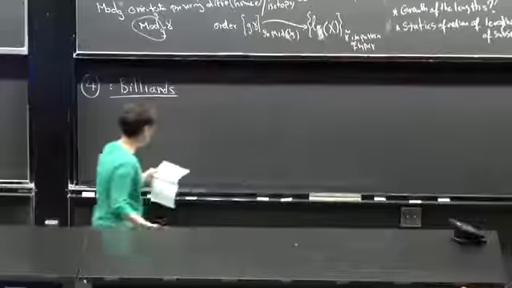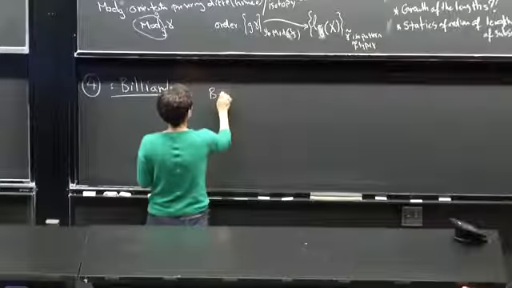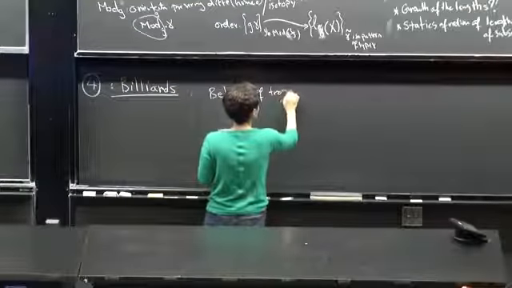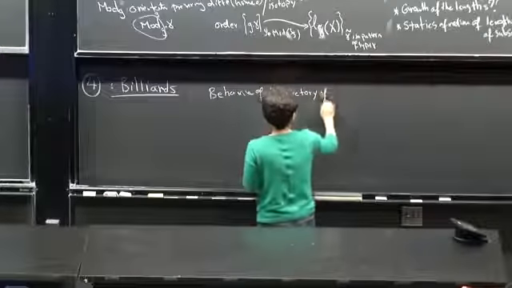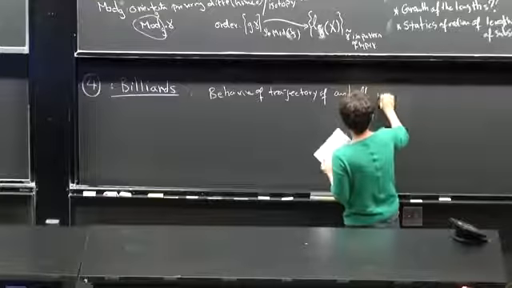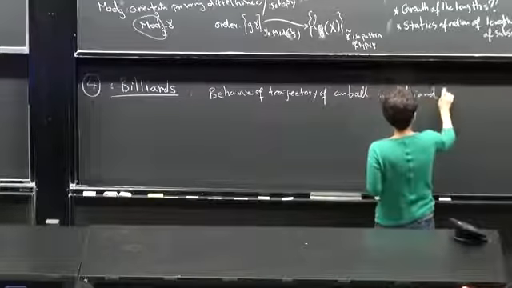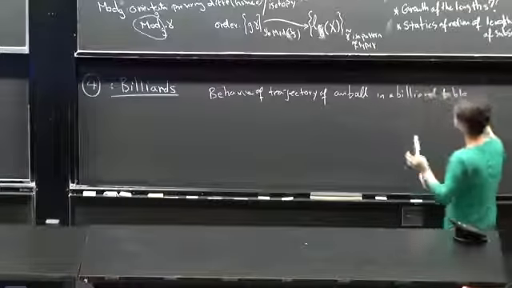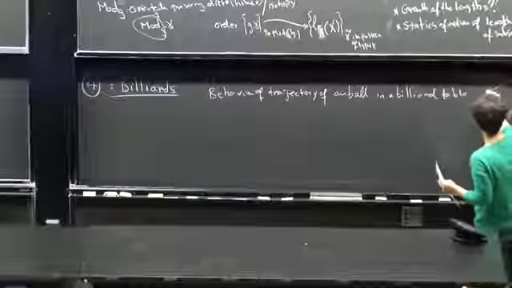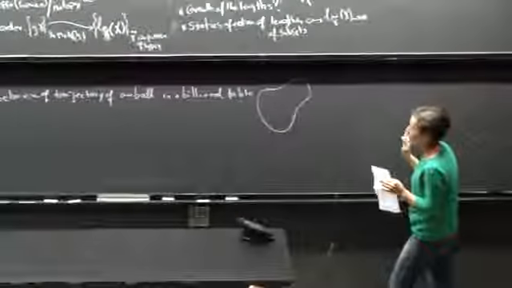The general problem is trying to understand the behavior of the trajectory of a ball in a billiard table. But this is very difficult, and if you don't put any conditions on it, your table could be anything. And this is of course a very difficult problem.